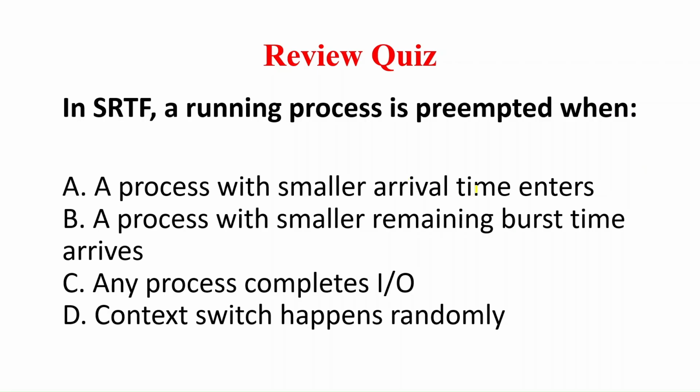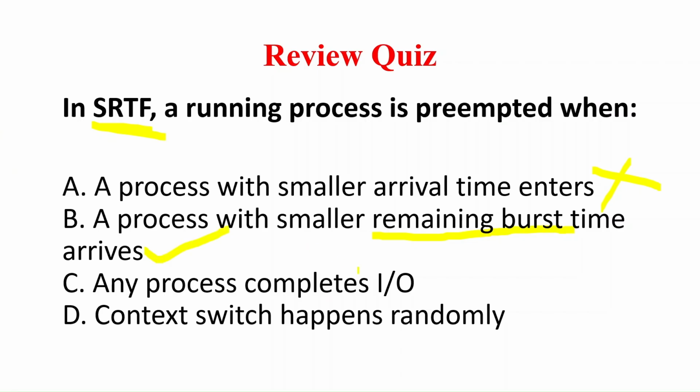There is nothing to bother about arrival time, because whenever a process arrives, earlier or late, it will be in the ready queue. SRTF works based on shortest remaining time, so burst time, not arrival time. A process with smaller remaining burst time arrives? Yes, it is based on remaining burst time, because it may be an already half-run process.